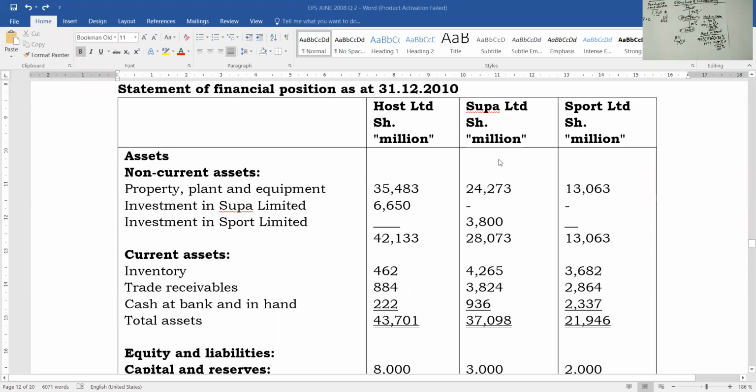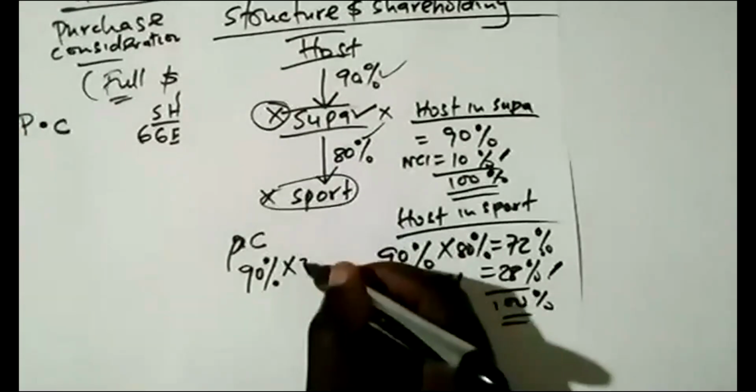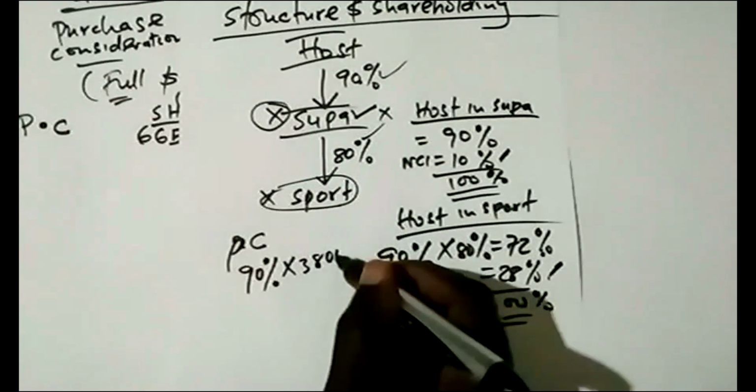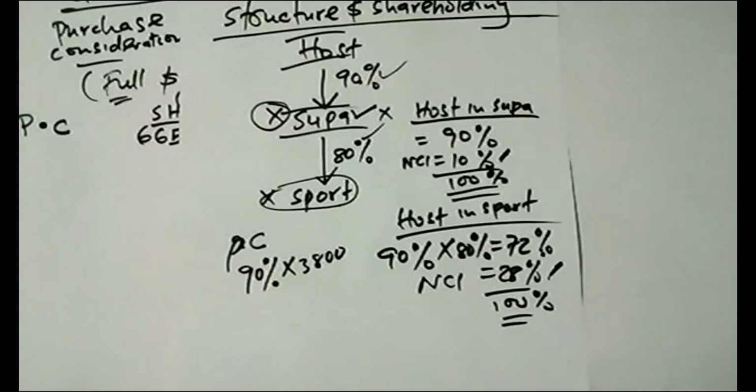So the 3,800. If you take 90% of 3,800, what are you getting? I'm taking 90%, not 72, because host controls Super up to 90. It's only that host controls Sport indirectly through Super by a percentage of 72, after taking 90 times 80.